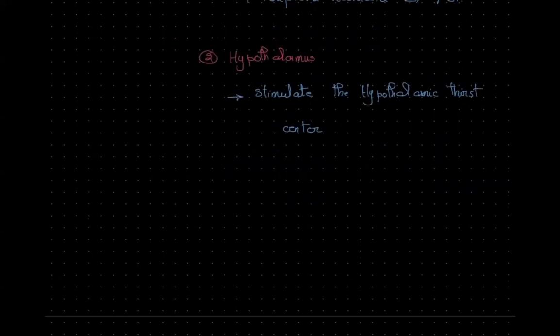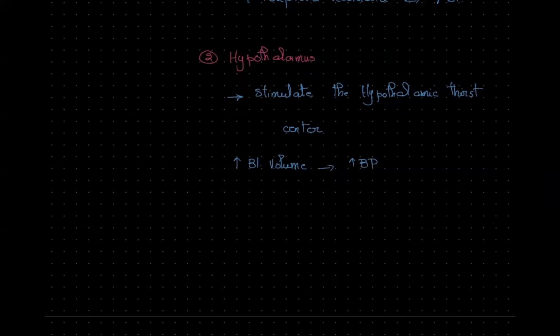And if you remember, the hypothalamic thirst center will give you a thirst sensation that will make you drink a beverage. And when you drink a beverage, this is going to increase your blood volume back to normal. And as a result, you're going to have an increase in your blood pressure back to normal.